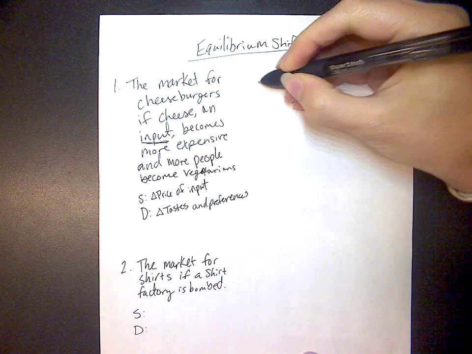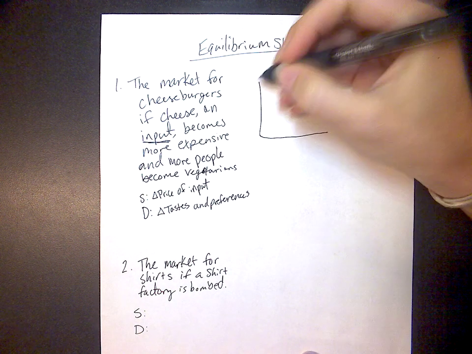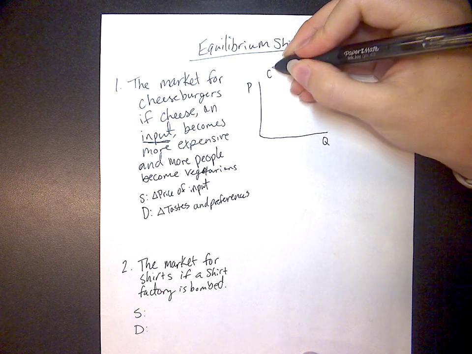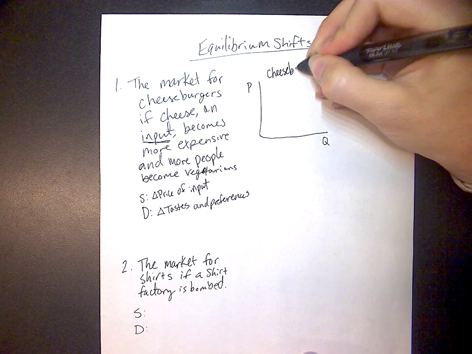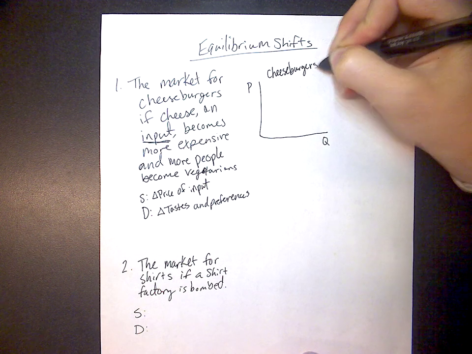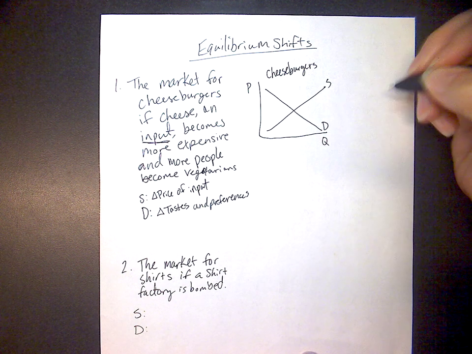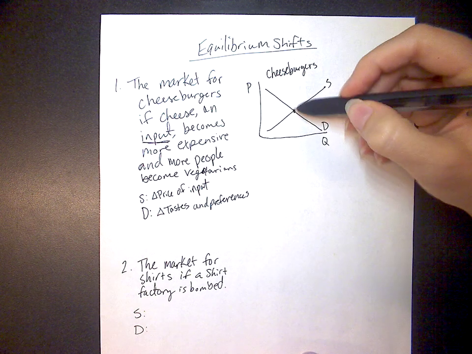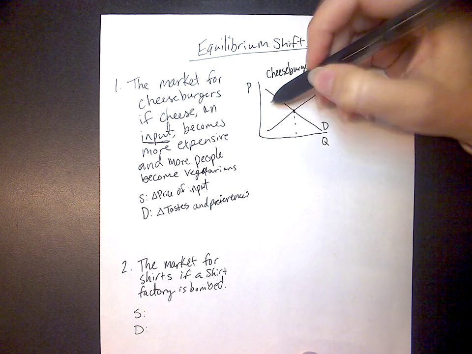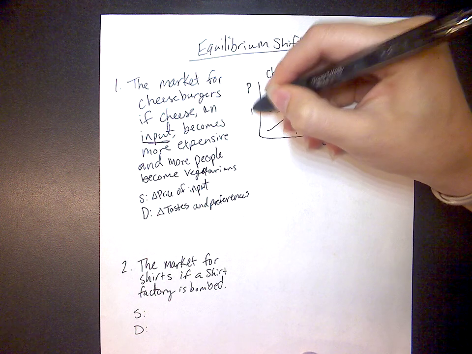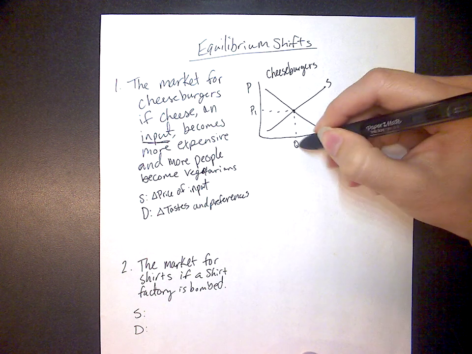Okay. So we're going to draw supply and demand together. So price, quantity, we title it the name of the good. Supply, demand. And we are going to put our first equilibrium point, P1, Q1.